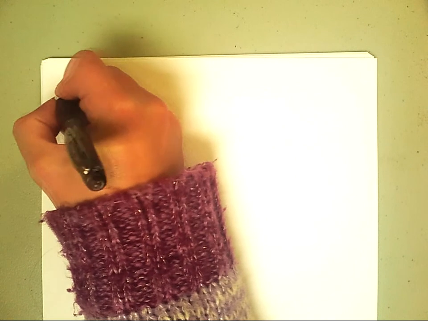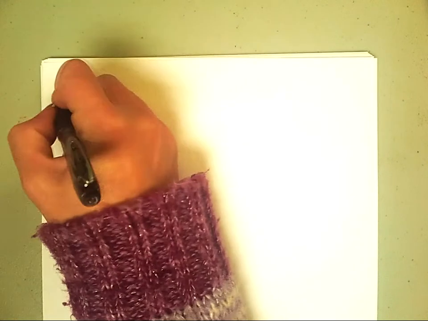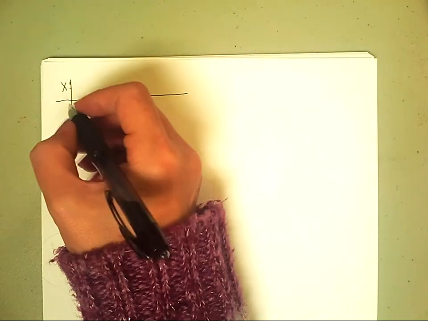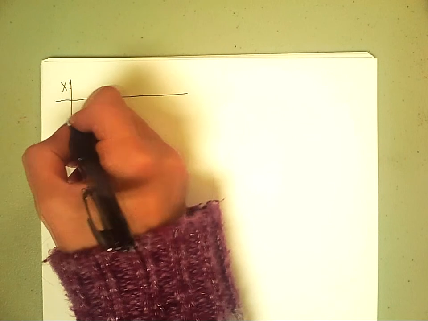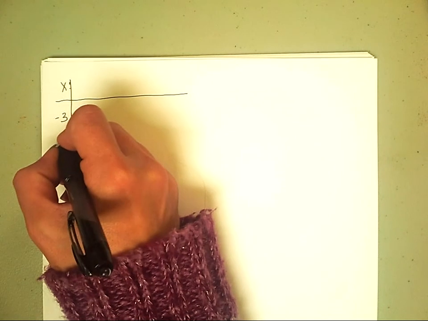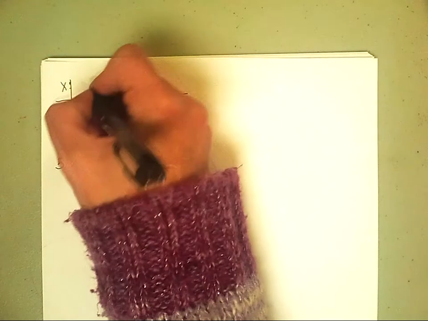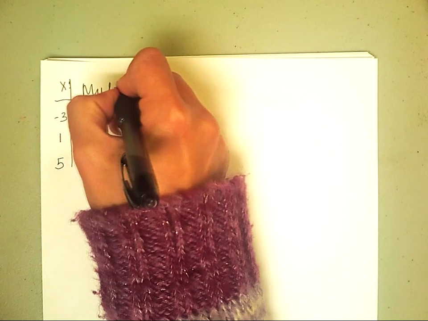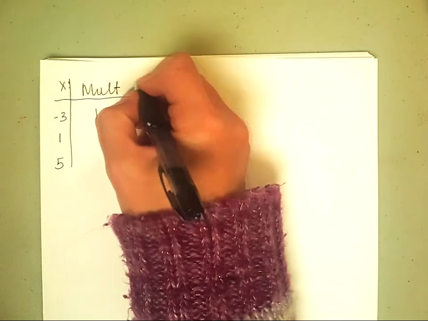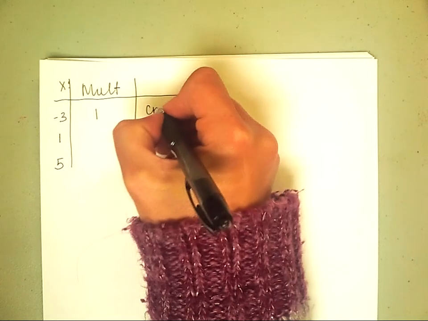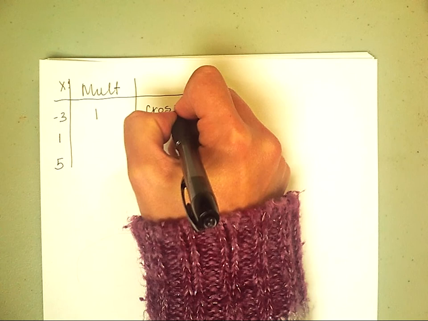Okay, so let me just simplify everything again before we go. We have zeros at negative 3, 1, and 5. The multiplicity of negative 3 is 1, so it will cross.